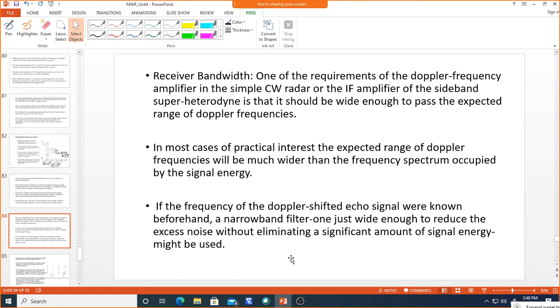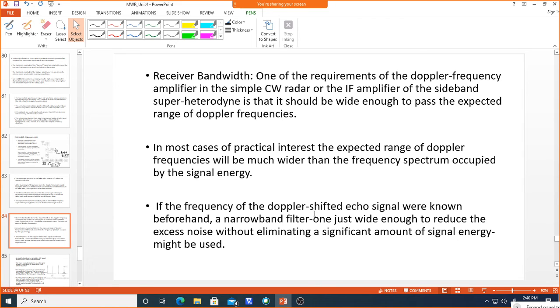So in most cases it is not possible to design a filter for a known Doppler shifted echo signal, and so we cannot eliminate the noise this way. If the frequency of the Doppler shifted echo signal were known beforehand, a narrowband filter just wide enough to reduce the excess noise without eliminating a significant amount of signal energy could be used.